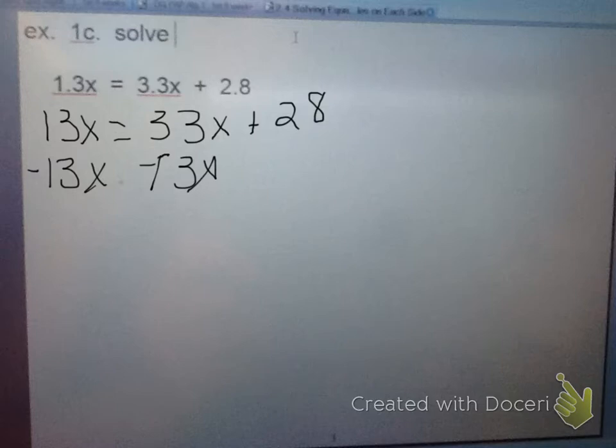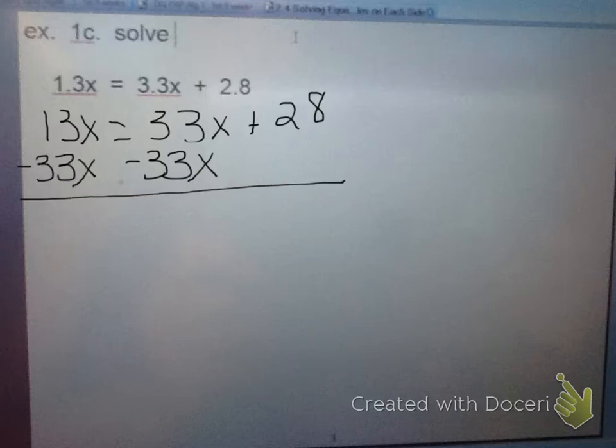However, because that 13x is sitting over there all by itself, you have to move the 33x on the other side. Positive 13 and a negative 33. When the signs are different, we subtract and get a negative 20x is equal to 28.